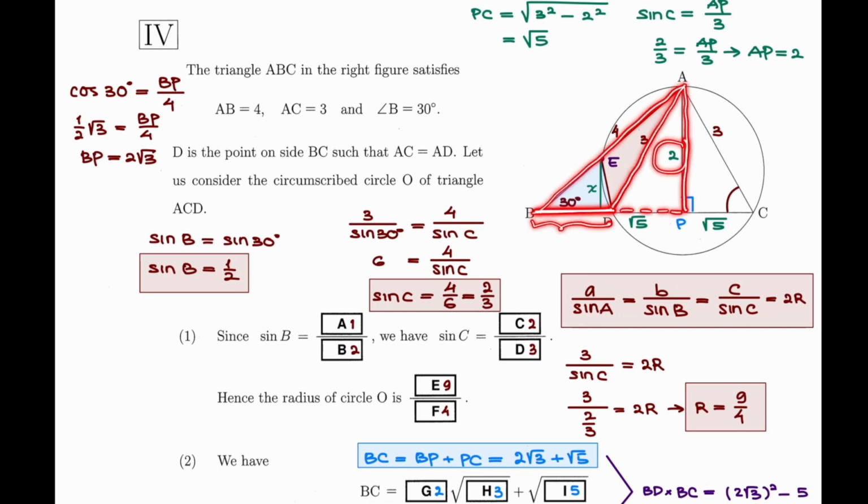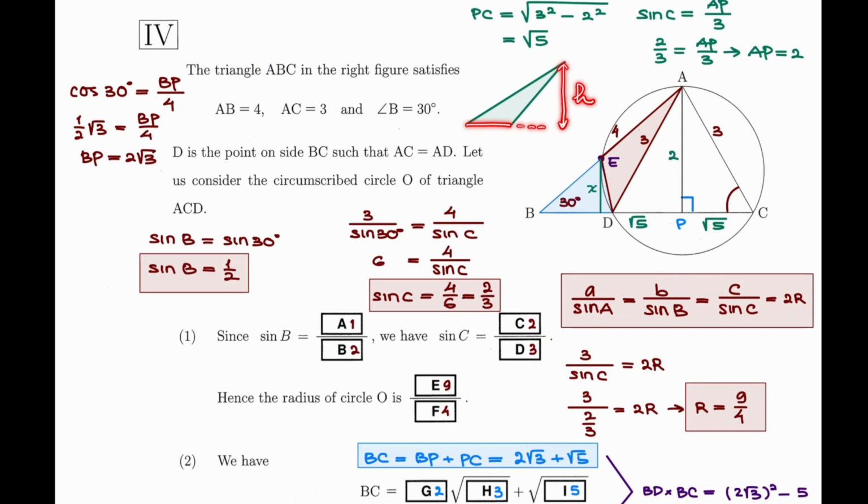The height is AB. So if you want to find the area of this obtuse triangle, we can use the formula half times base times height. This is the height of the triangle. So area of ABD is half times BD times AB.